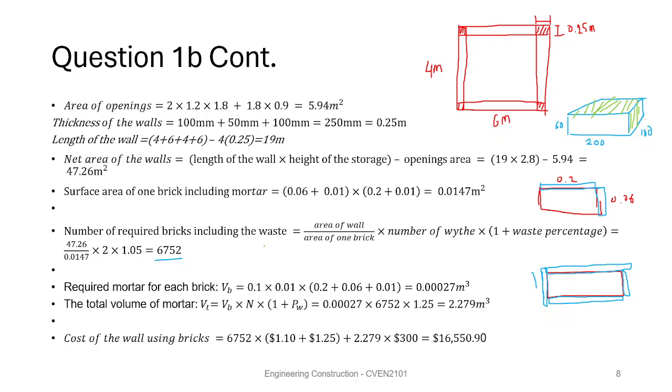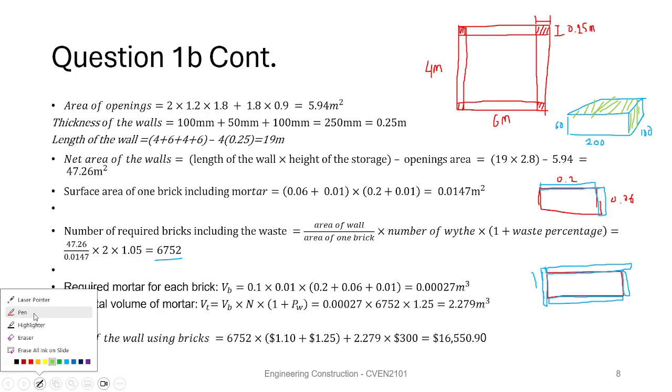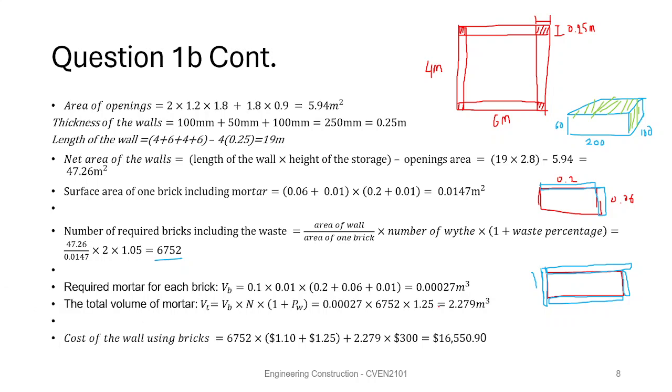And then you might wonder, what's this last bit over here? Why do we have this 0.01 again? So if we put mortar on a face of a brick like that, right? And then we put it on over here, and then over here.